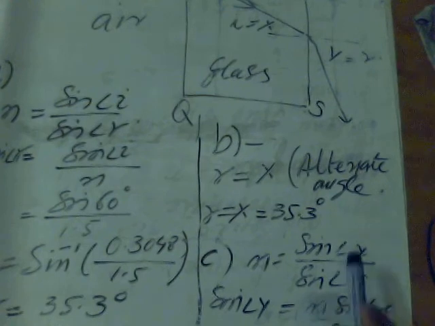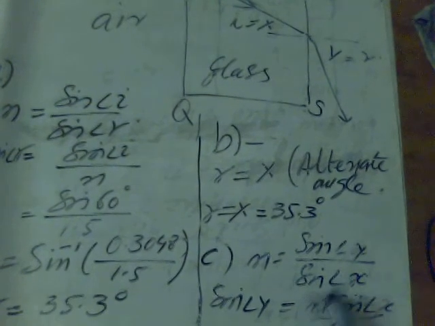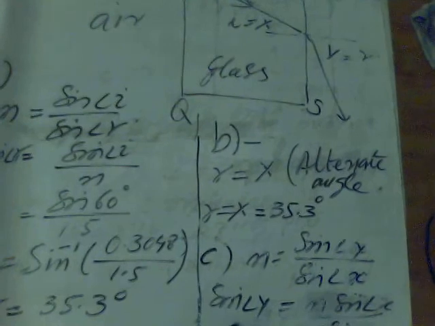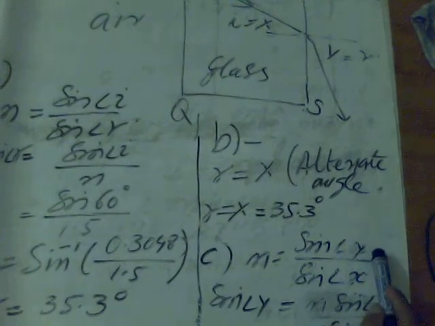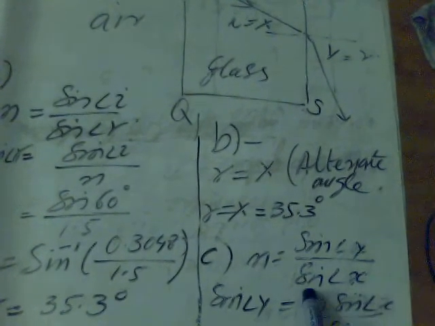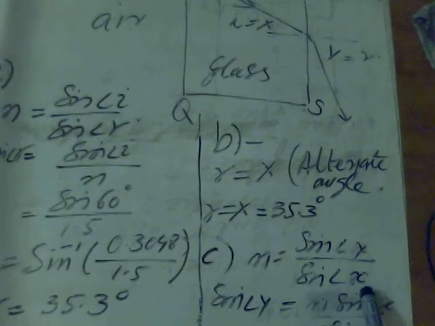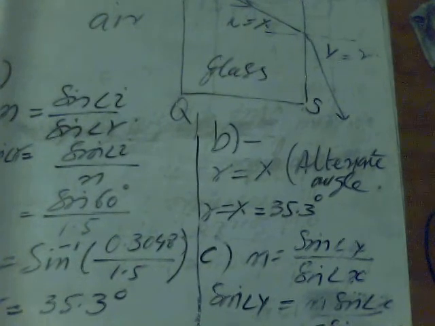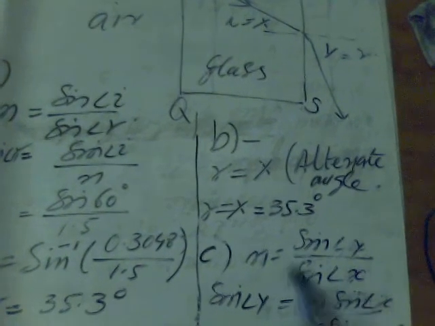So the numerator and denominator will be changed in this case. Sine angle y will equal, when we rearrange the equation, n times sine angle x.